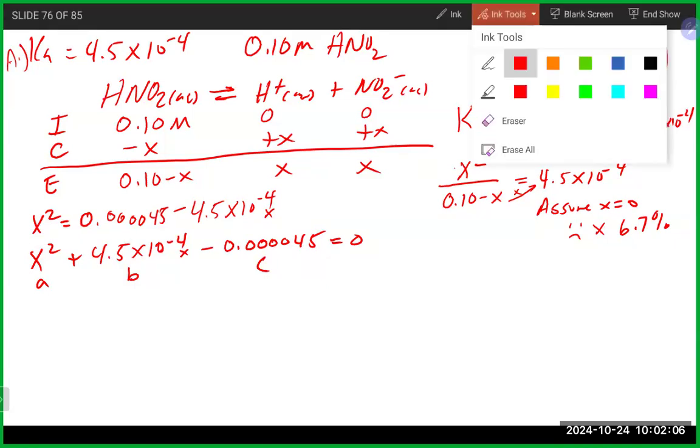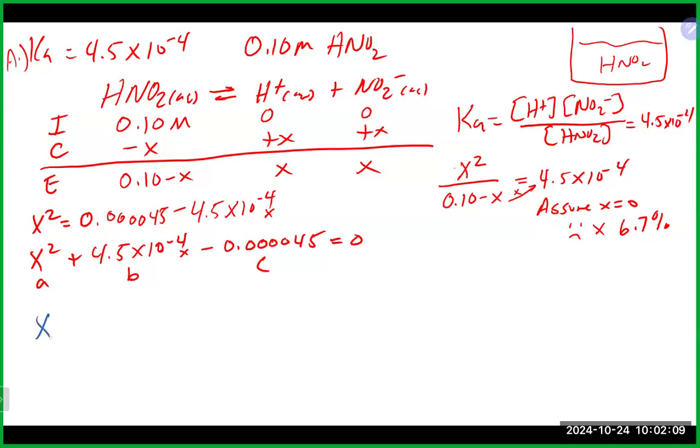So popping in some of those numbers, that's going to give us x is equal to minus B plus or minus the square root of B squared. So that's 4.5 times 10 to the minus 4 squared, minus 4 times A, which is 1, times C, which is negative 0.000045. That means here inside the square root, 0.00001802. Now we're going to square root it there.